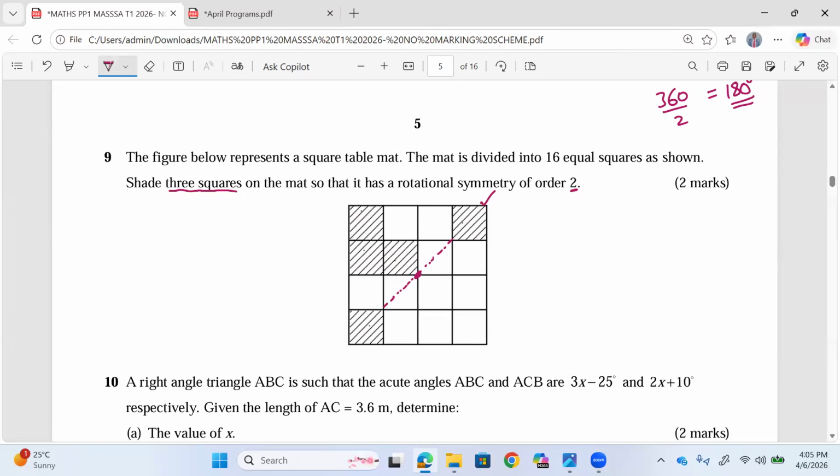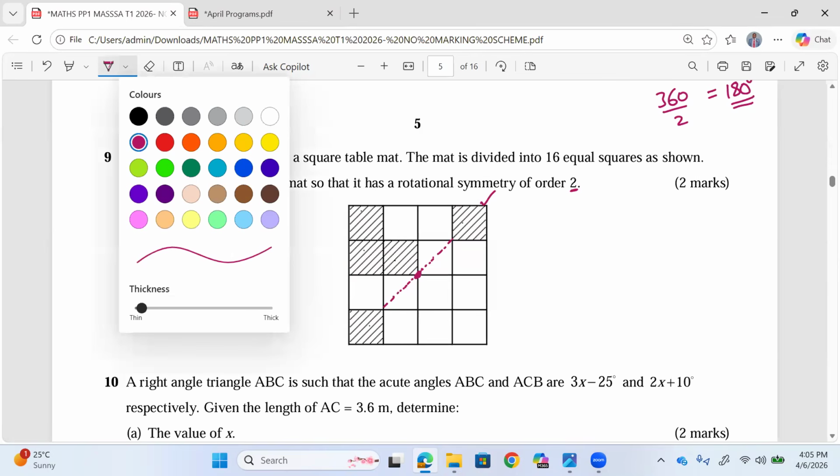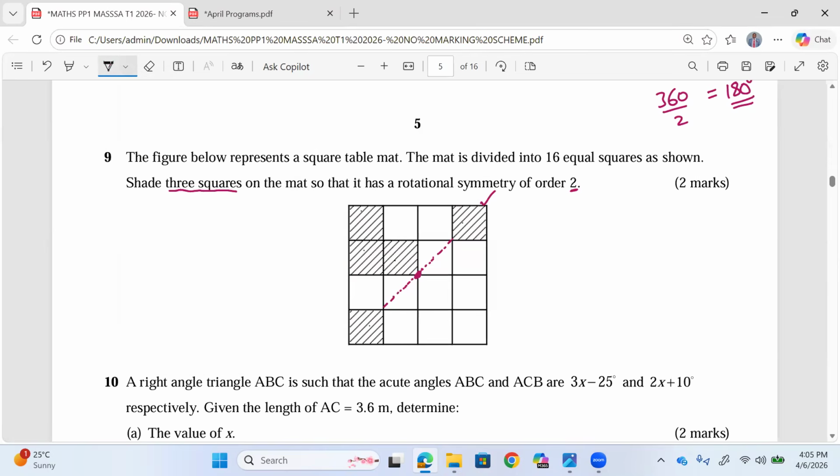You know, rotating through 180 means when you connect to the center, you just move an equal distance to the other side. So that one has already been rotated. But this shaded one here has not been rotated. It is already in contact with the center. So moving to the other side now becomes very easy. It now becomes this one.